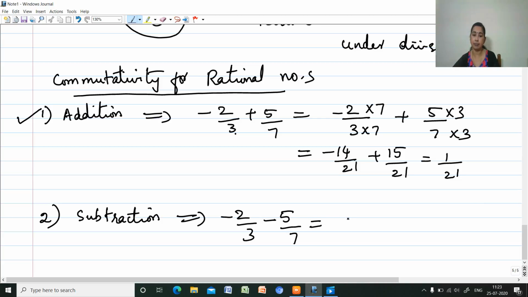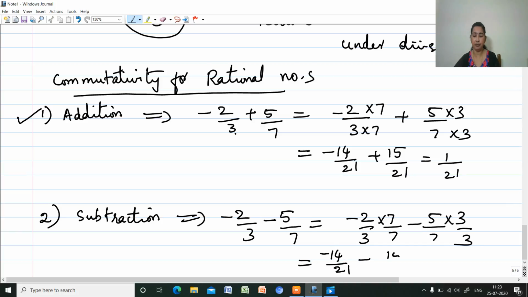We'll get minus 2 by 3 into 7 by 7 minus 5 by 7 into 3 by 3, which is equal to minus 14 by 21 minus 15 by 21, which is equal to minus 29 by 21. So in the case of subtraction, we got minus 29 by 21.